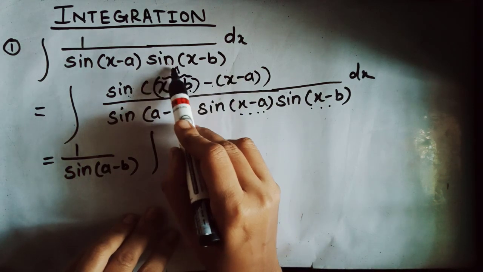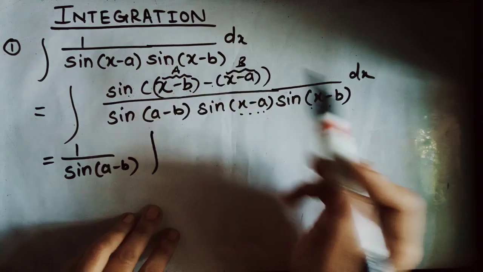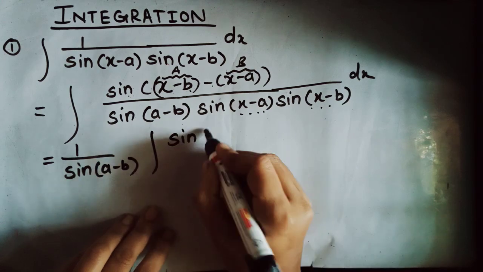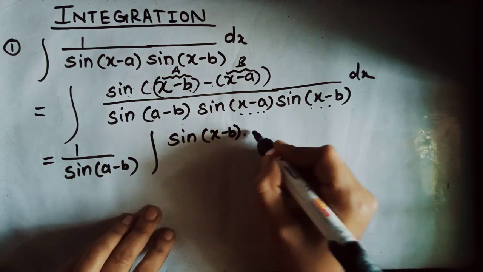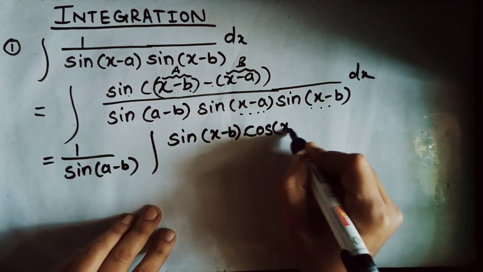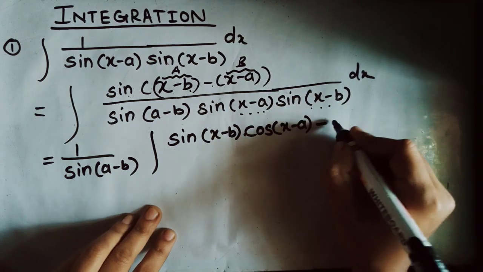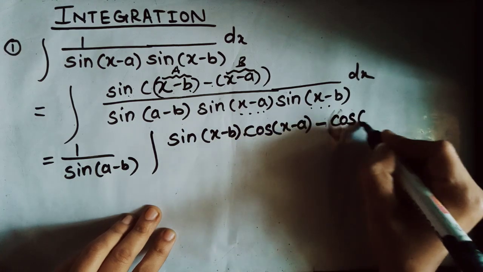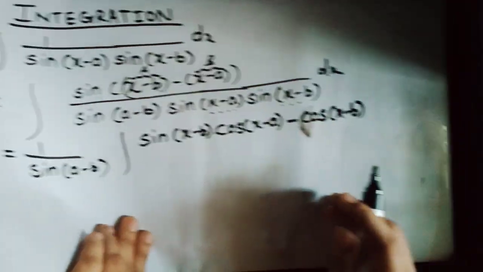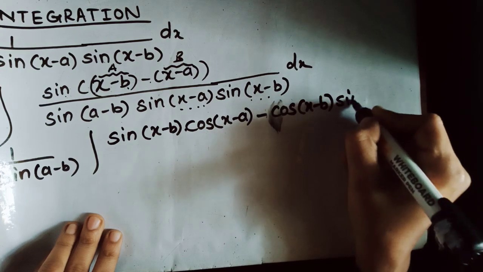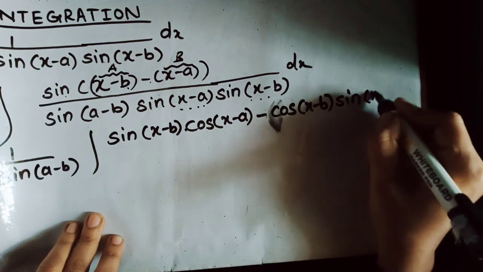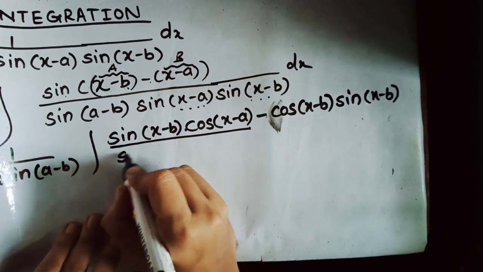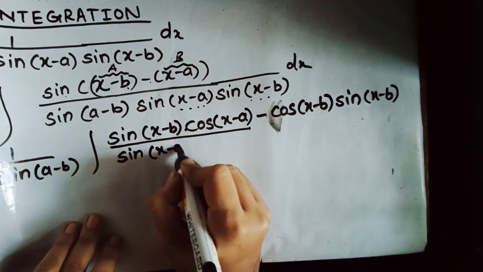So you have to use the sin(A minus B) formula. Okay, so what is sin(A minus B)? sin A cos B minus cos A sin B, right?